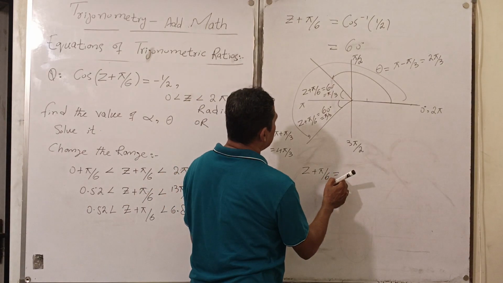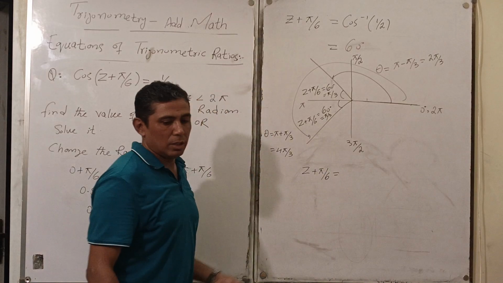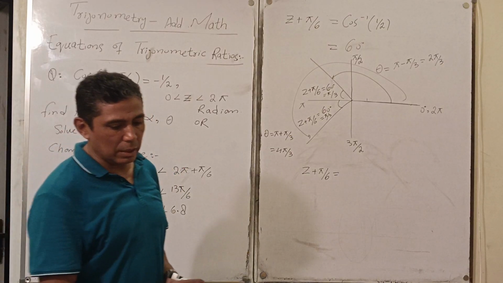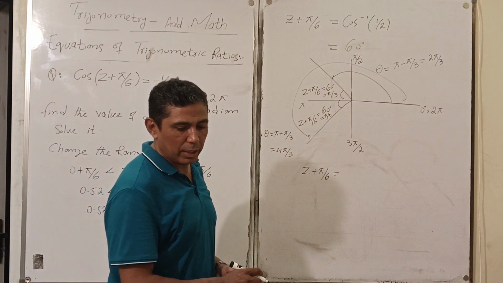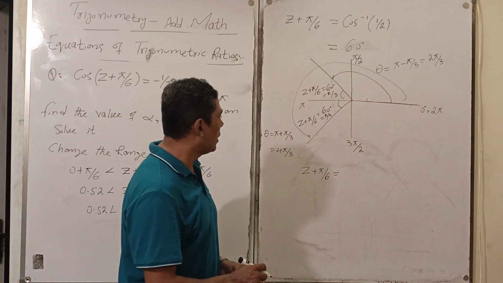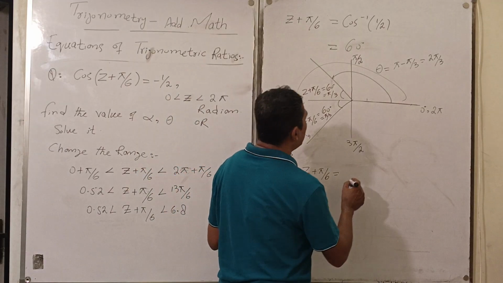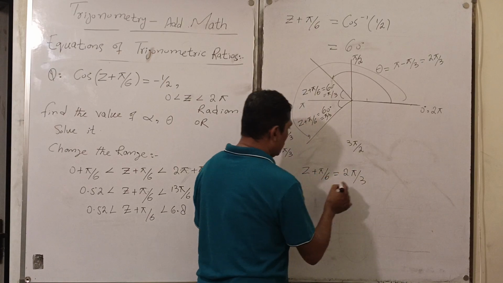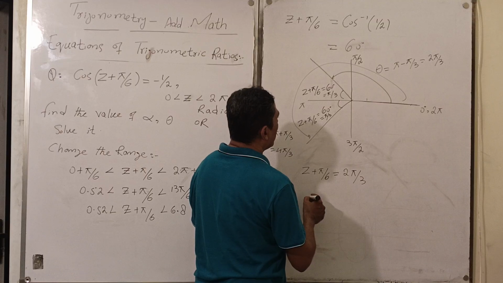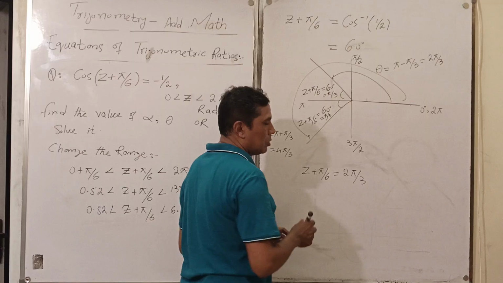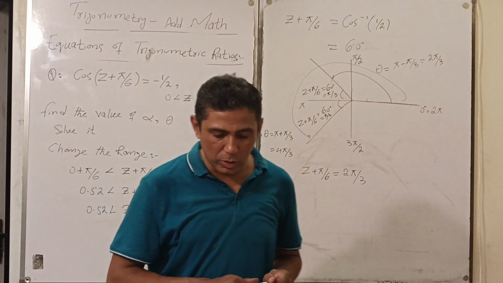We have already found the theta value, 2 pi by 3. Clear? Am I right? Yes, 2 pi by 3. So in the plus case as well we can take theta, I will take it from both, twice. Exactly. Now find out the value.